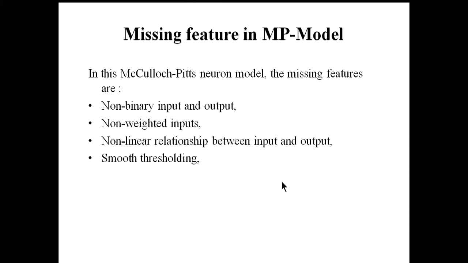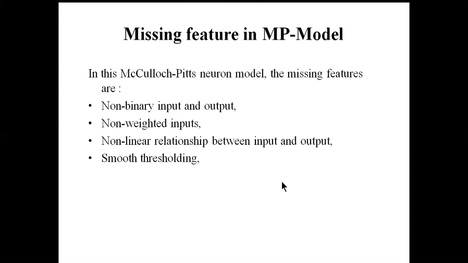Using the MP neuron model, only simple linear problems can be modeled. But in real life, the relationship between input and output is much more complex and non-linear in nature.